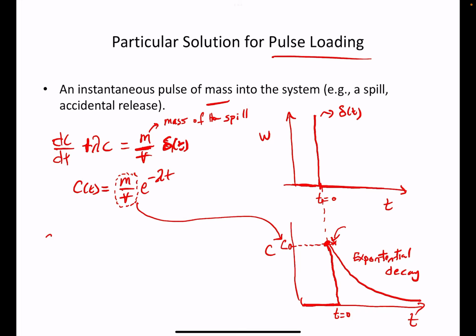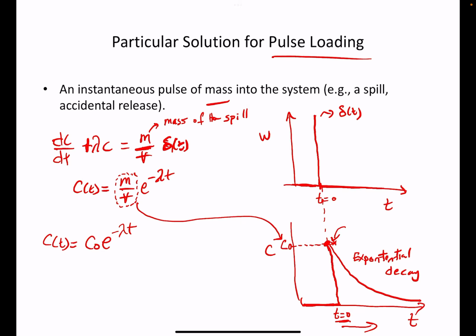So C(t) equals C naught e to the minus lambda t. This initial value is at t equals 0, instantaneously at the spill time. And after that is the time where you will see the concentration change after the spill is done. So this is the first case, the pulse loading.